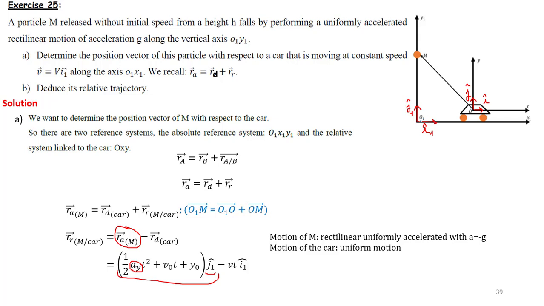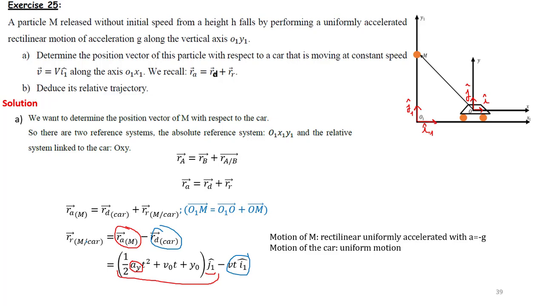In fact, we need to understand the motion of the car. It's a uniform rectilinear motion, so we can say that R is only along X, so it's along I1, and it's equal to VT. So RD is along I1 and RA is along J1.